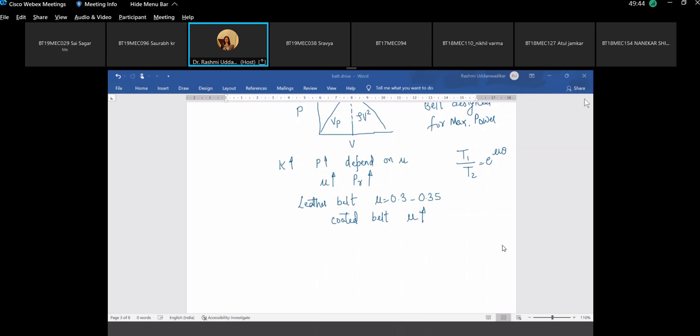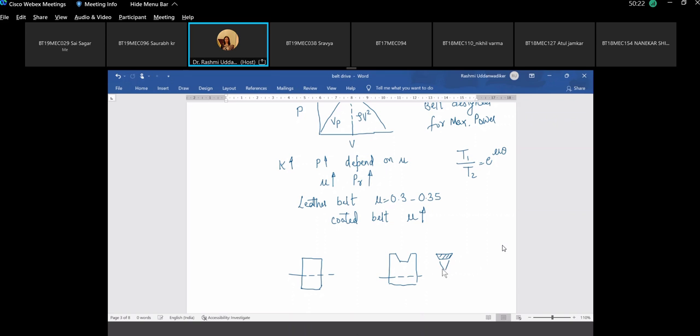Belt cross section is different. For a flat belt, if this is the cross section, for a V belt, the cross section changes. And similarly, for the pulley also, the cross section changes. Yes, it is a trapezoidal cross section.